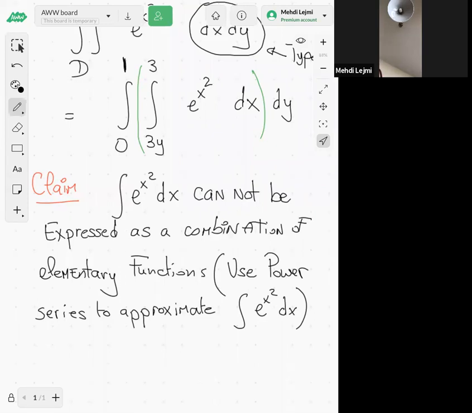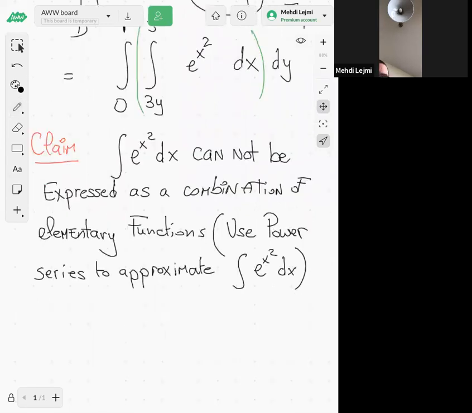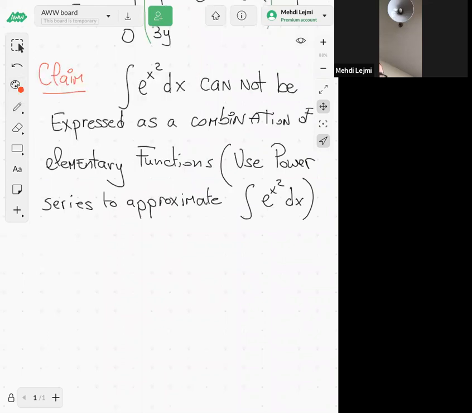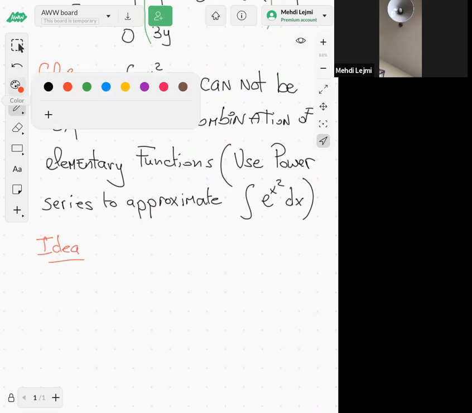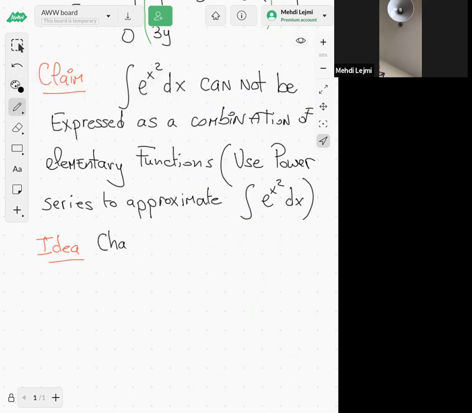So then the idea, as you said, would be now to change the order of integration. So now I'm going to describe D as type 1 instead of type 2.